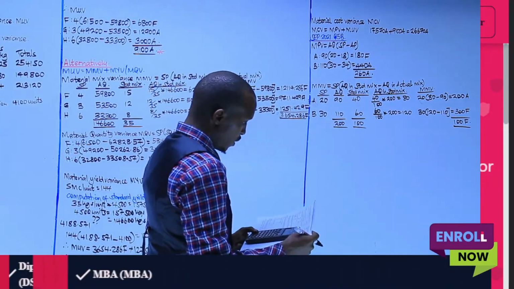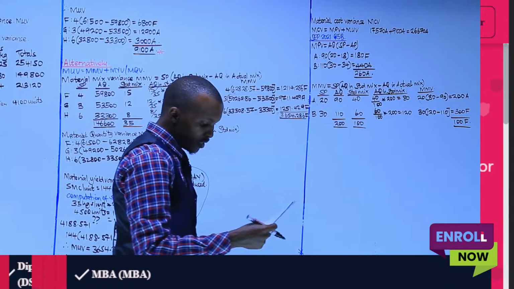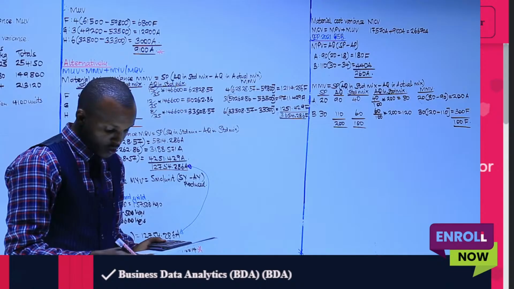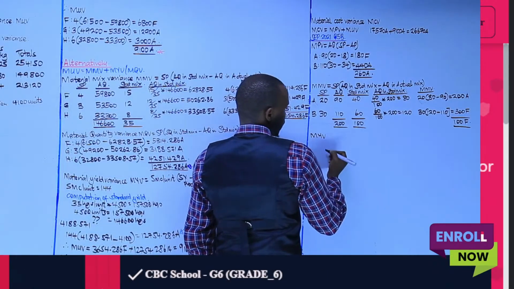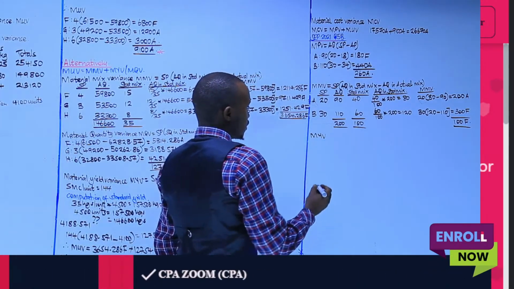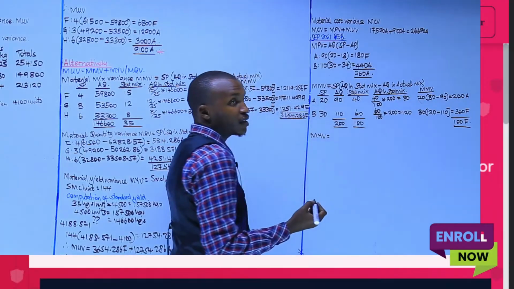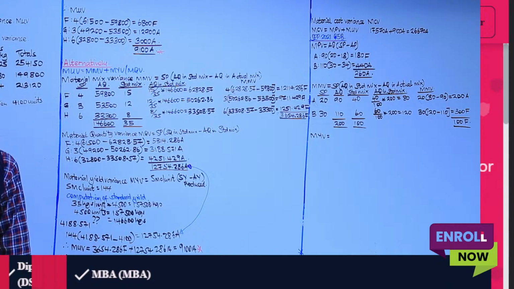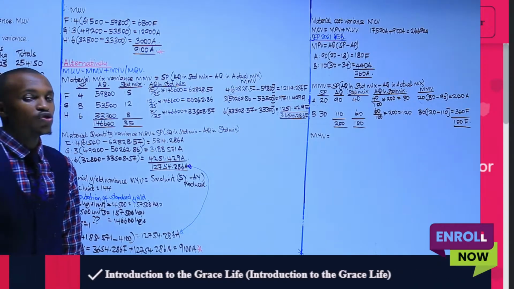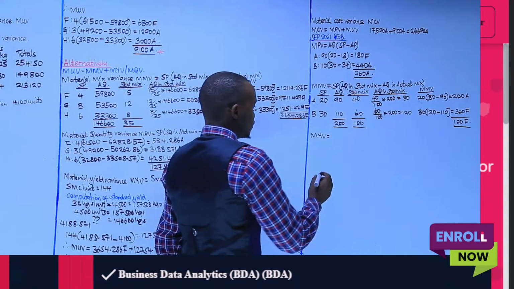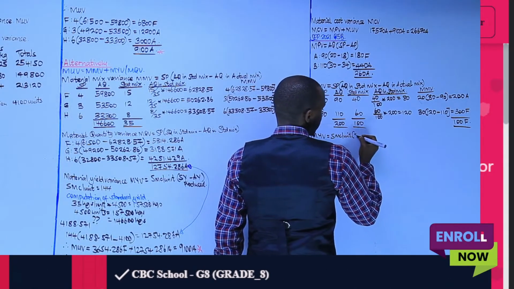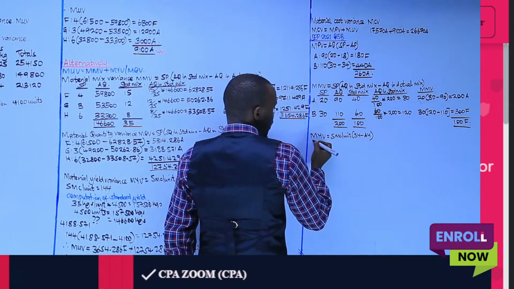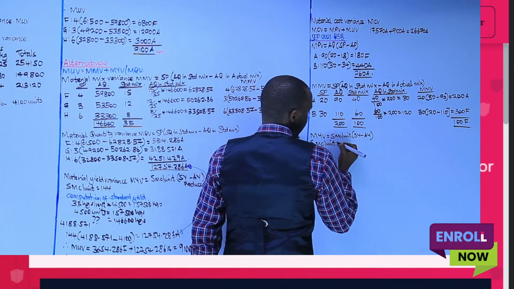Okay. The next item they are asking us to determine is your material yield variance. How do you get that? You simply take your standard material cost per unit into bracket your standard yield minus your actual yield. Let's determine our standard material cost per unit.